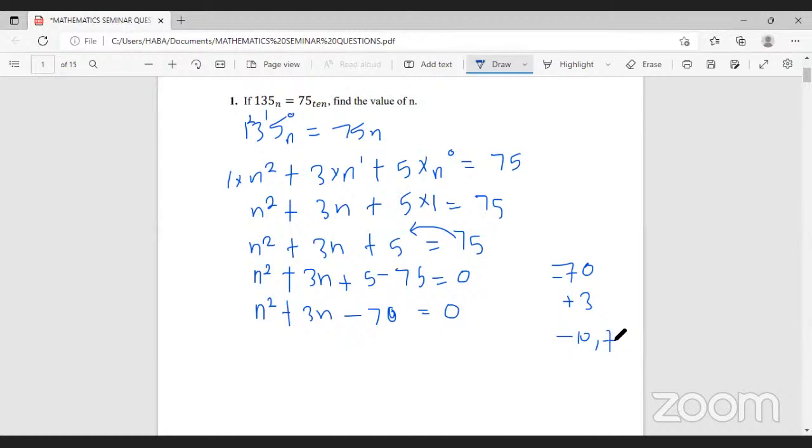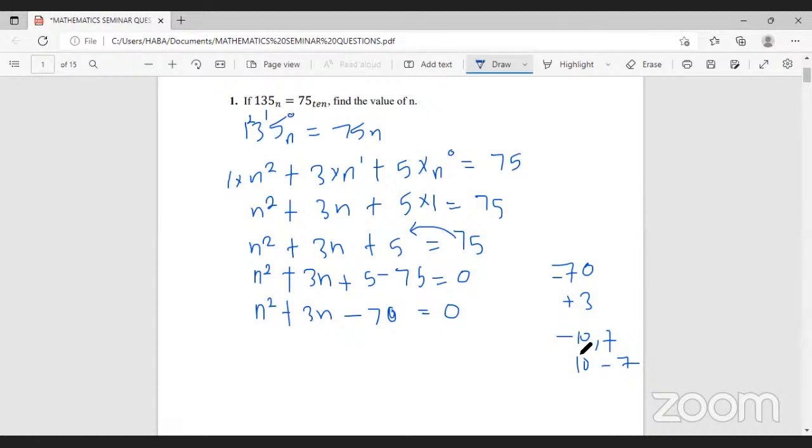Would that give us a positive 3 when we add them? Okay, we have in the chat, Emma says 10 and negative 7. I think we are going to go with that because when we add 10 plus negative 7, it gives us 3.